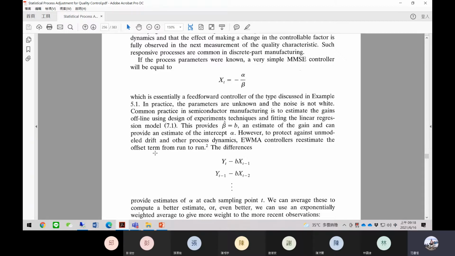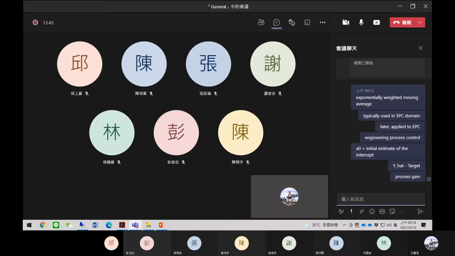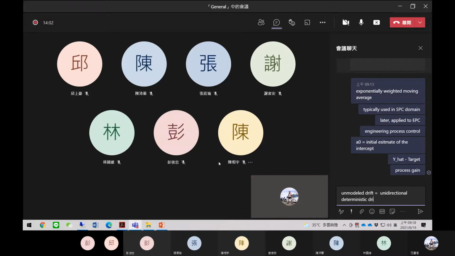So what is model drift? This is unidirectional, right?